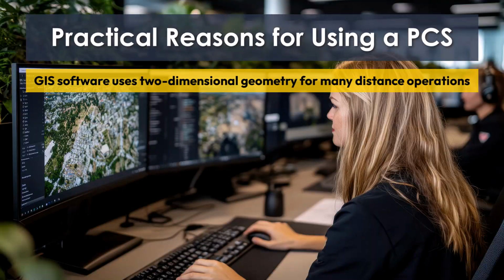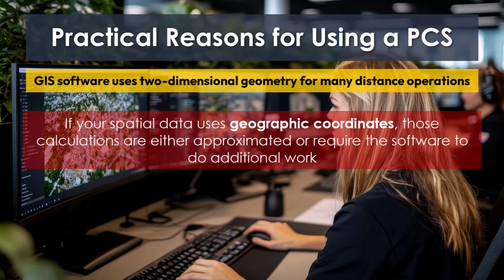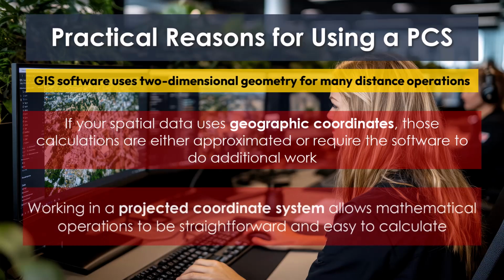Finally, for many everyday GIS distance operations such as overlay analysis, buffer creation, and proximity calculations, your software is using two-dimensional geometry. If your data is in geographic coordinates, those calculations are either approximated or require the software to do additional work behind the scenes. Working in a projected coordinate system allows mathematical operations to be straightforward and easy to calculate.